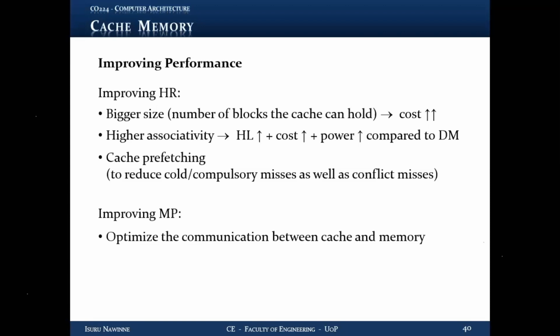Prefetch, guess or predict an access earlier and fetch that before. So you reduce the chance of a miss, right? So that affects the hit rate. That is about what we have in the upper side of the slide. So it improves the hit rate.